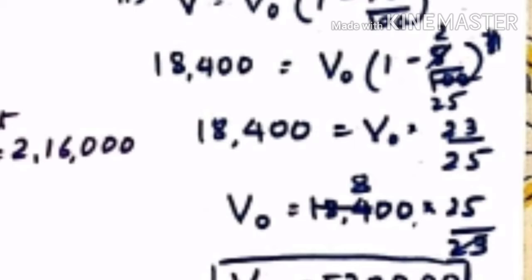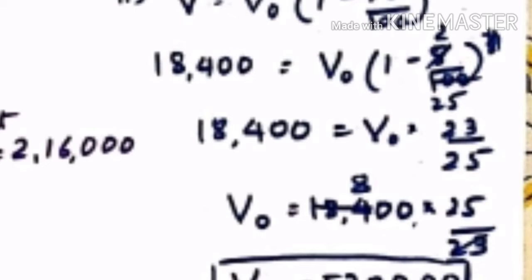Here now I want the value before, the 1979 value I want. So I place my value V as 18,400 and I will find the V0 value. The rate is 8, same. 1 minus 8 by 100, 4 2s and 4 25s. 25 minus 2, 23 by 25.